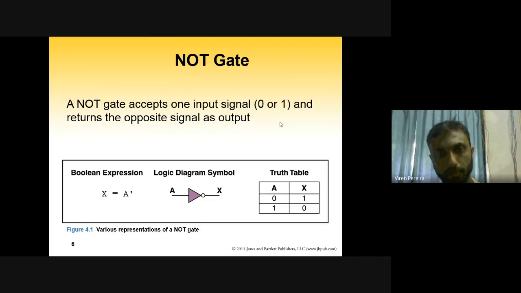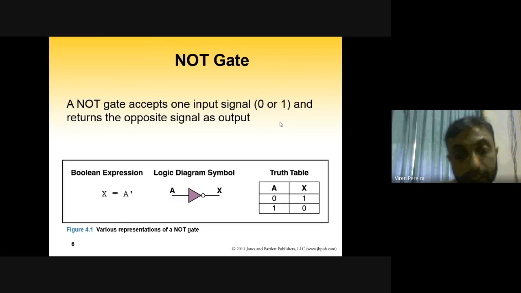There's no problem. For the logic diagram symbol, you have a NOT gate. It is just in the form of a diode only, except that a small circle is put there. That circle represents the inversion.